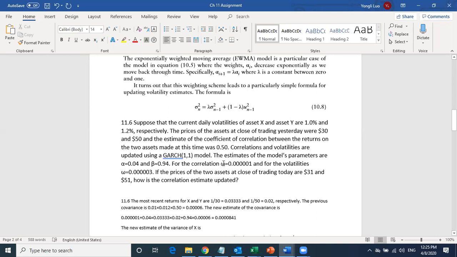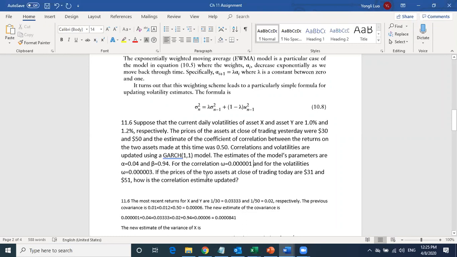And this is omega, 0.00001. Okay, we know that omega is typically very small. For the correlation, this omega is this one, and for volatility, omega is 0.00003.